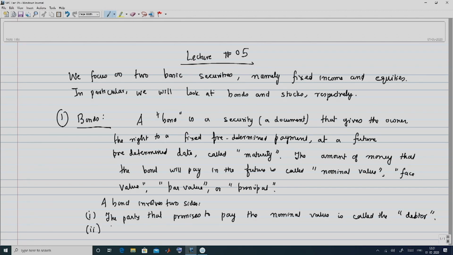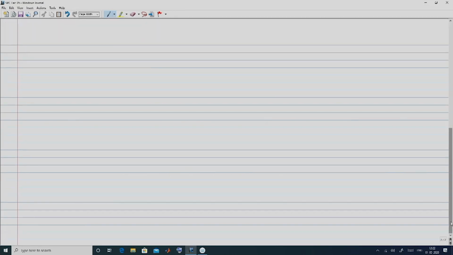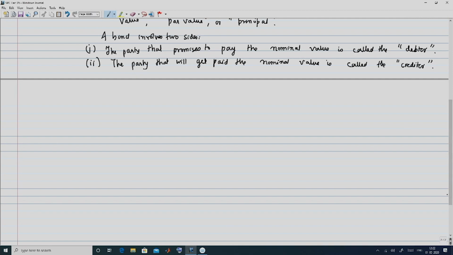And secondly, the party that will get paid the nominal value is called the creditor. So, there are two parties: the one that will pay the amount is known as the debtor, and the one that will get the nominal value is called the creditor.